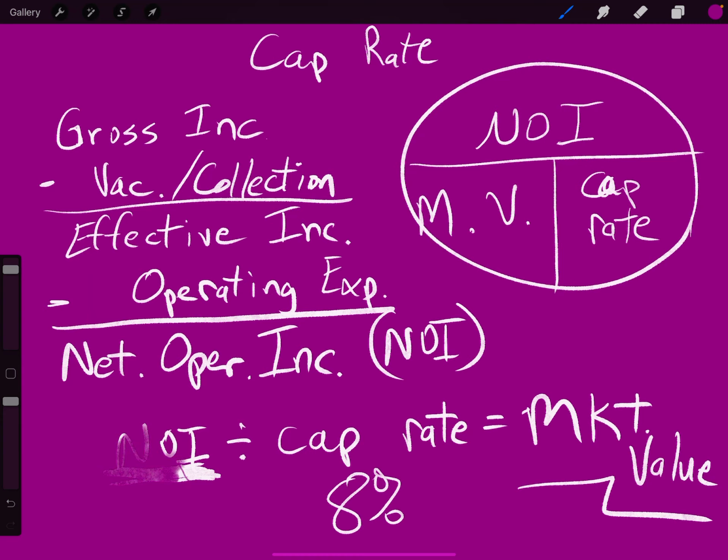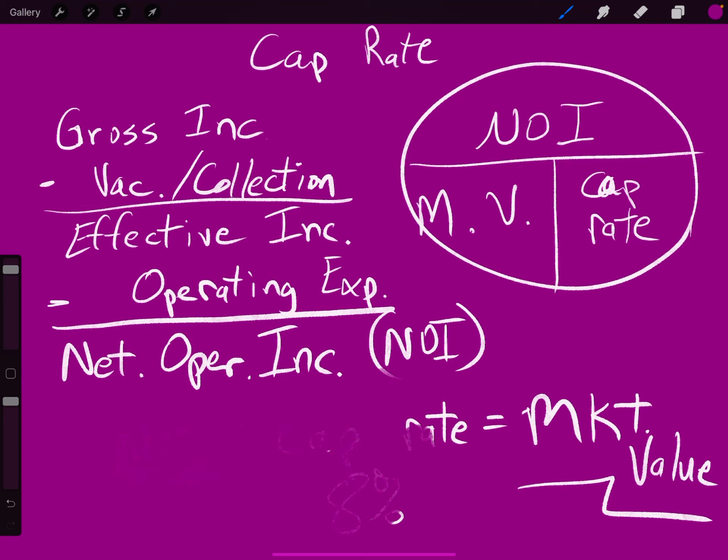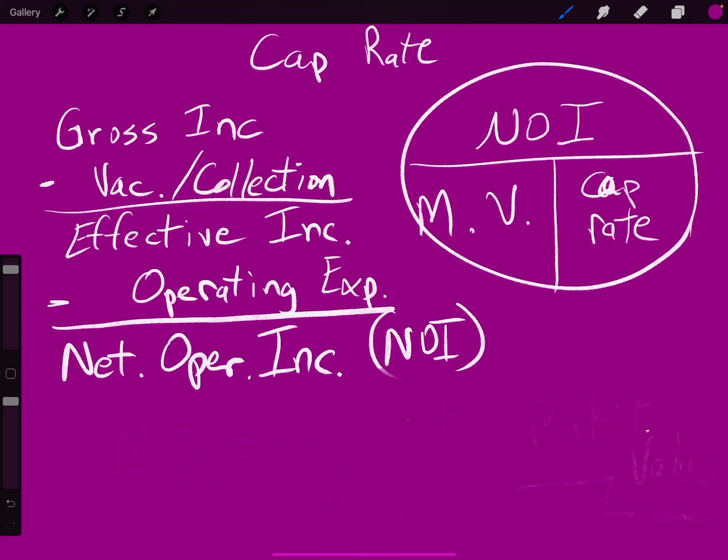One more thing. Let me refer back to our little roadmap here. Once we've gotten to NOI, net operating income, let's keep on going. Let's subtract one more thing from that. The last thing possible left that you could have as an expense is not an expense. It's called debt service. It's the house payment, or well, I guess I should say the mortgage.